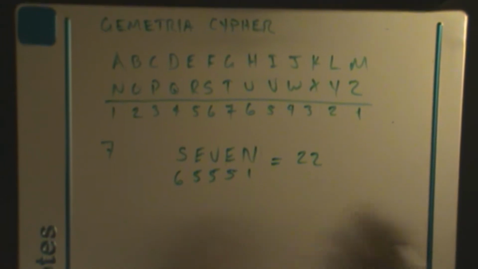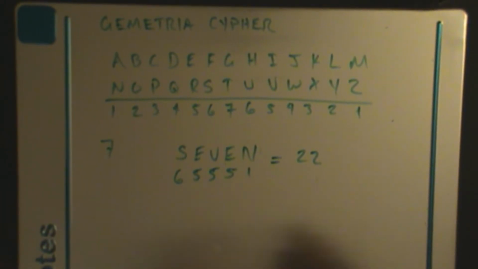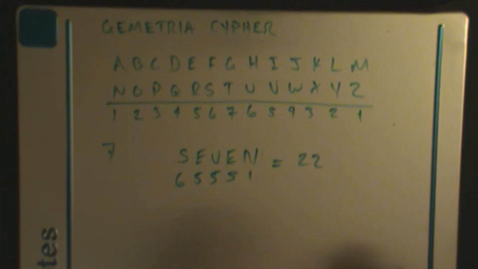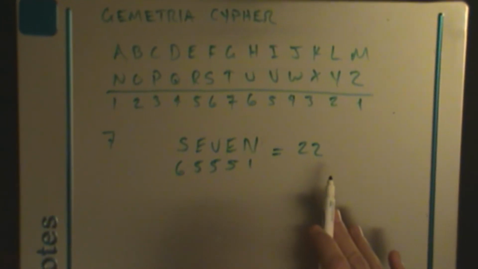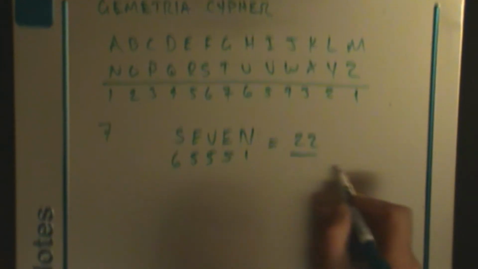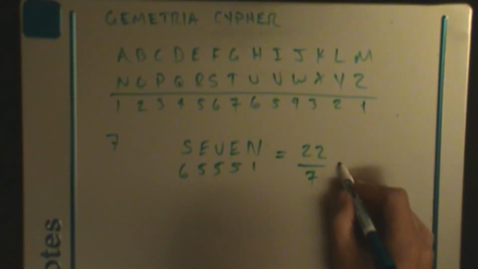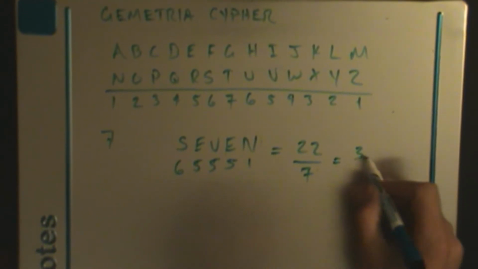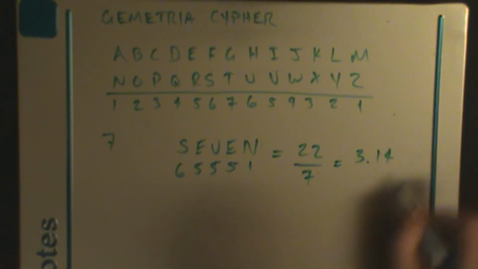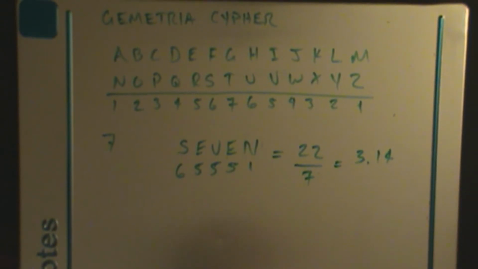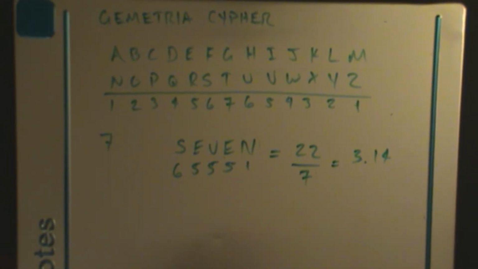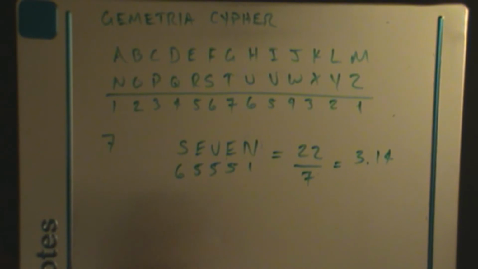But why is 22 significant when you add it up using the letters of 7? Well, now that we have 22, if you just divide 22 by 7 itself, we get the transcendental number pi, 3.14. Pretty amazing. At least I think it's pretty amazing. This mathematical equation comes into many things.